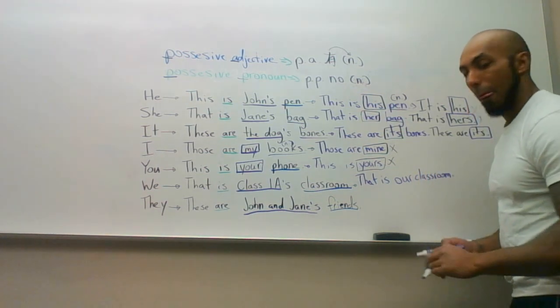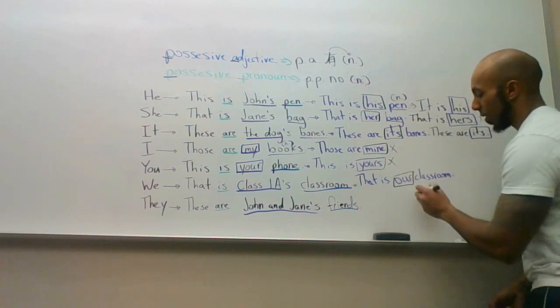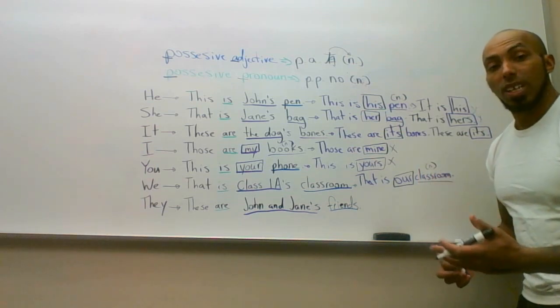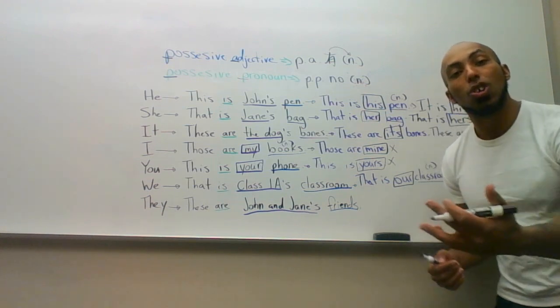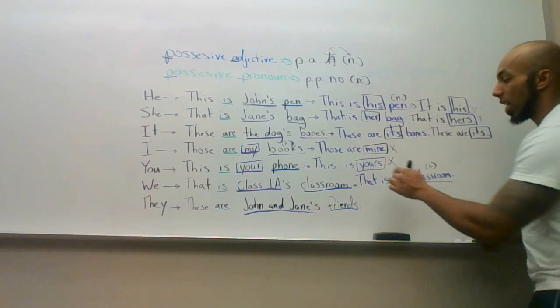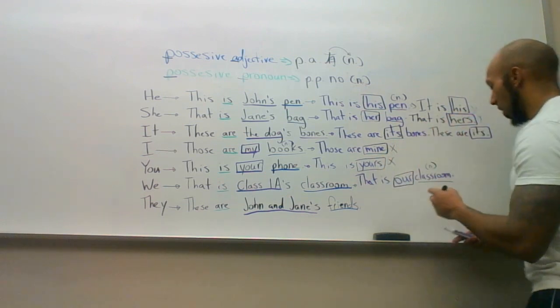Okay. Now our is your possessive adjective because classroom is the noun. Or if I want to use a possessive pronoun, I would just say that is ours. See, I've added an S to the end of it, just like in yours, and its, and hers.